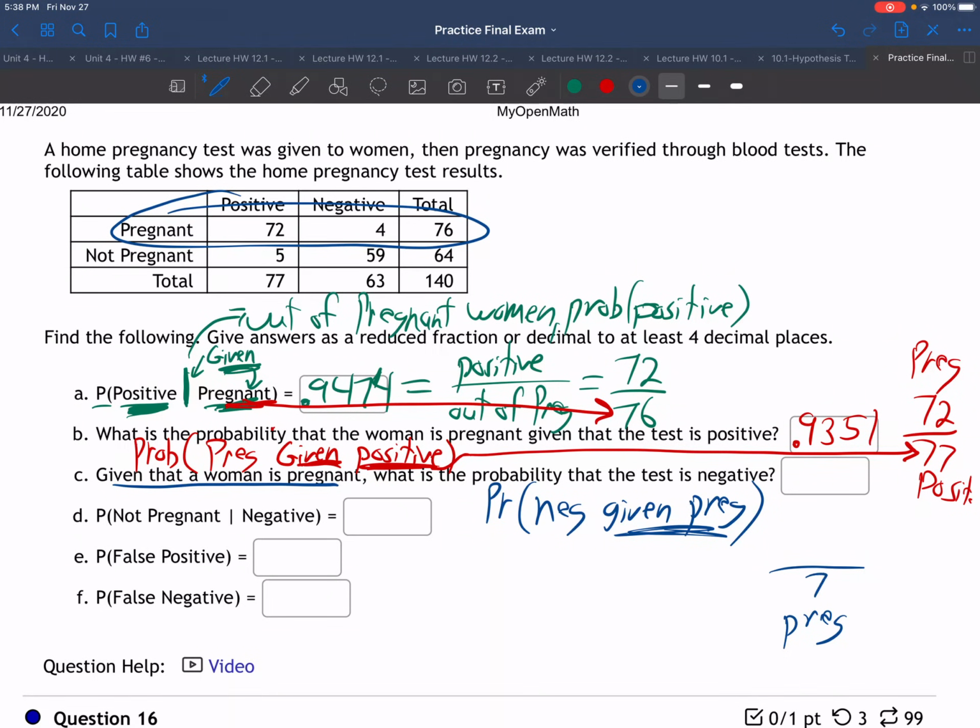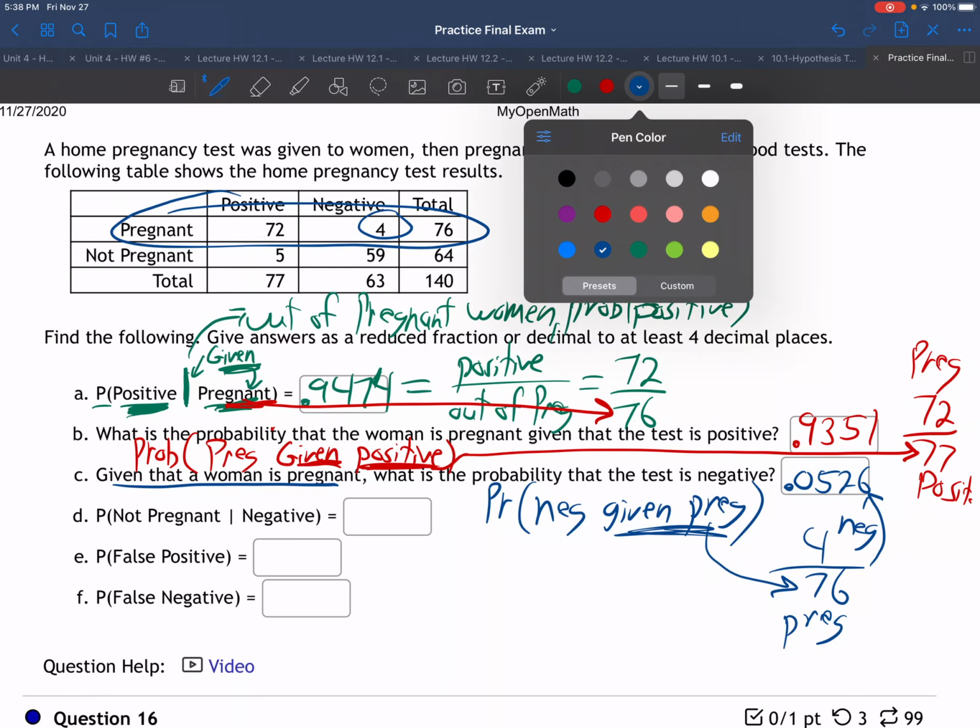So that's again the 76. And out of that group, how many are negative? 4 out of 76. Not very many. So that comes out to 0.0526. So negative given pregnant. Again, the given tells you the denominator, doesn't it?